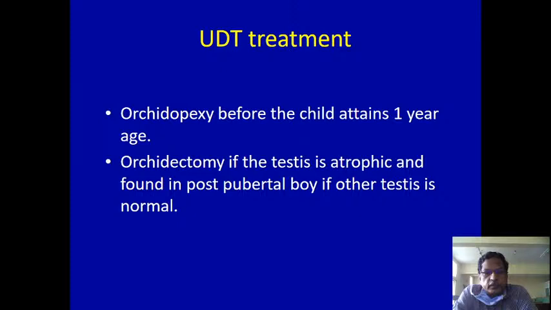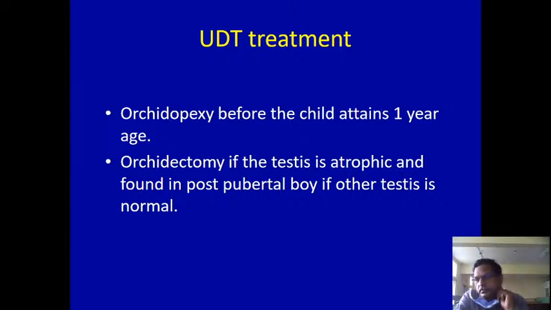The subdartos pouch is made by incising the skin and making space between the skin and the dartos muscle of the scrotum. The testis from the inguinal canal can be brought into this pouch, and then the skin can be sutured, and the inguinal canal can be closed in layers. This is how we do orchidopexy in most cases.